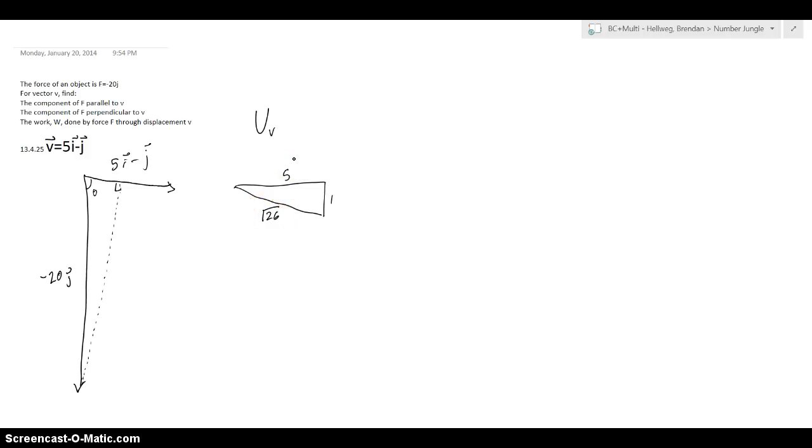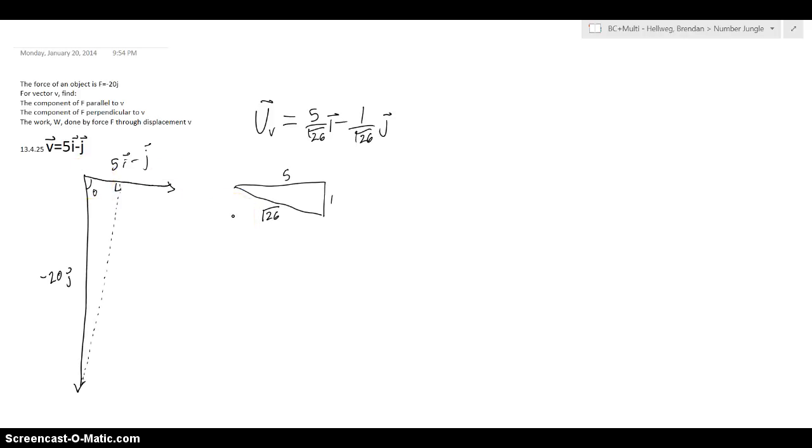If I divide both of these by the square root of 26, I should end up with the unit vector. So in this case, the unit vector is going to be 5 over the square root of 26 i minus 1 over the square root of 26 j. I'll add i and j to make it clear that these are vectors we're talking about.